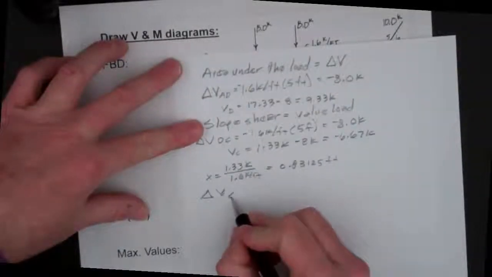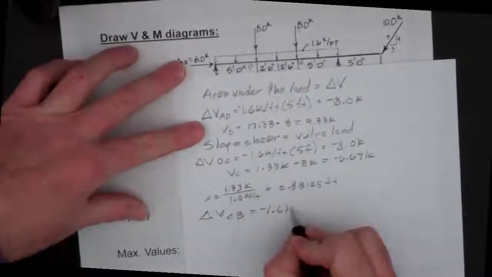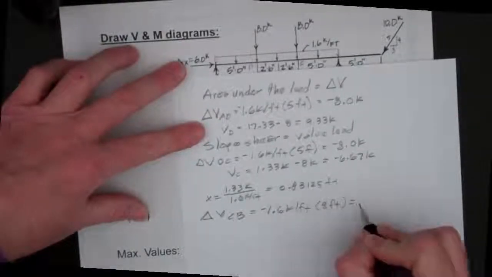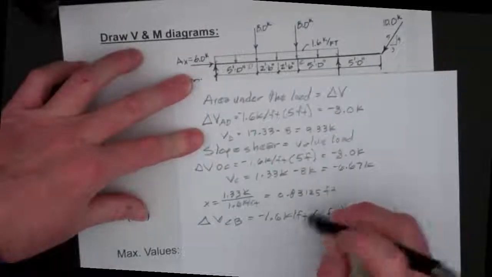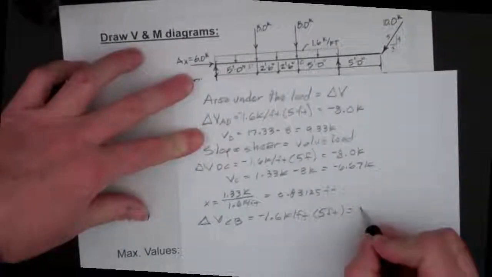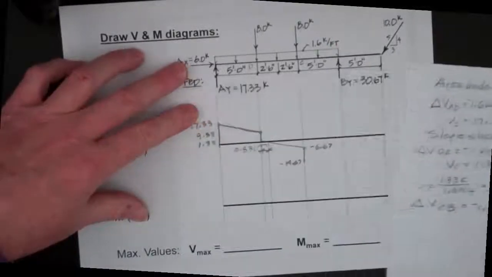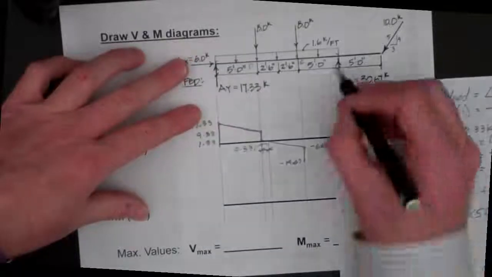Now we have this change in shear from C to B. This will be equal again to the area under the load, which is minus 1.6 kips per foot times the length of 5 feet. Again, this will get us another negative 8 kips. On the shear diagram, this will drop us from negative 14.67 kips, so right here, again, down another 8.